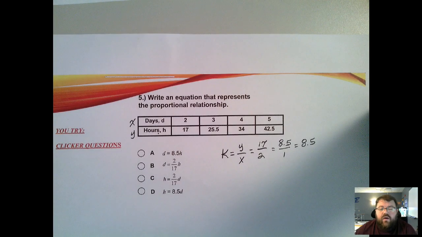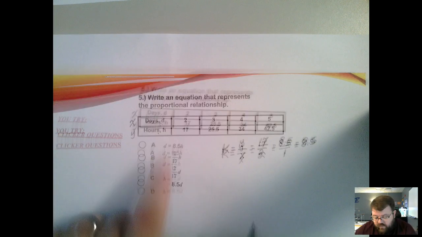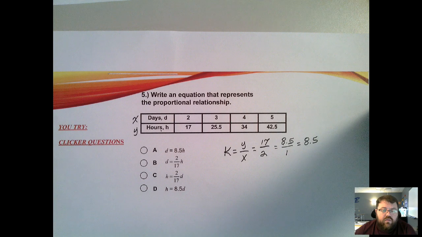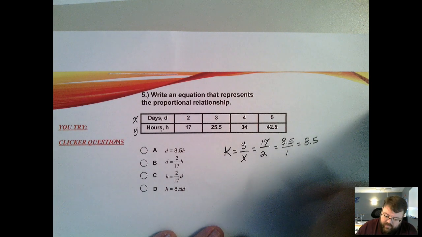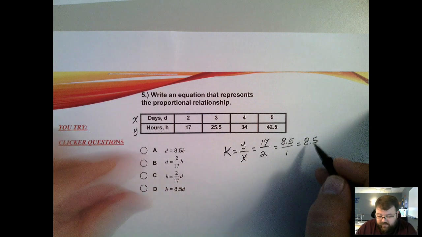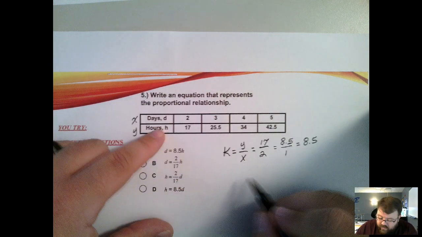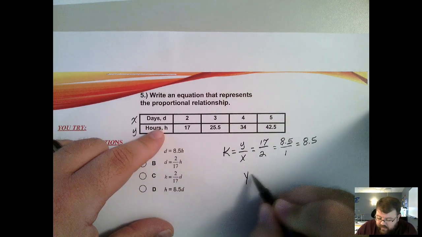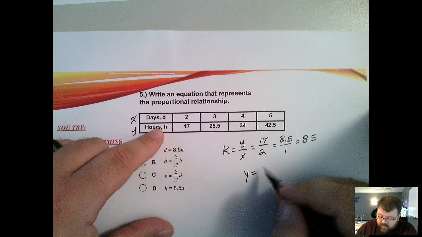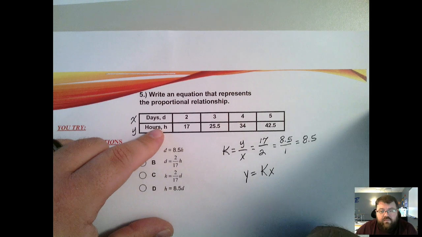Okay, pause the video and determine which equation is correct. So once we made it to this point, you really only have two options, right? So you need y equals kx.